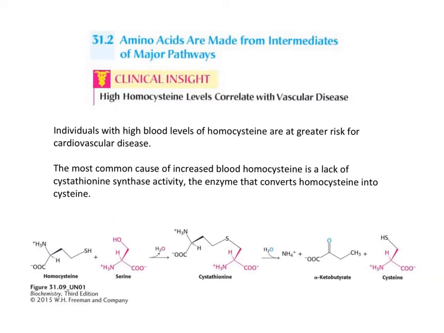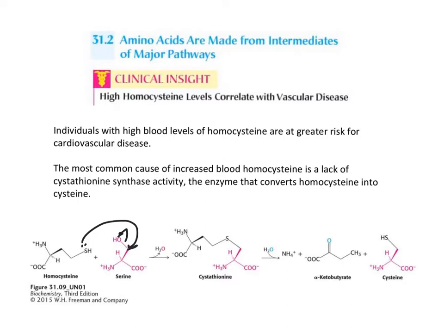So to remove this, we end up doing a two-step reaction. The first one is your sulfur, and this is all enzyme mediated, from your homocysteine. It's going to come in to attack at this position, and you're going to eliminate your water, forming this cystathionine here, which is a combination of the two.